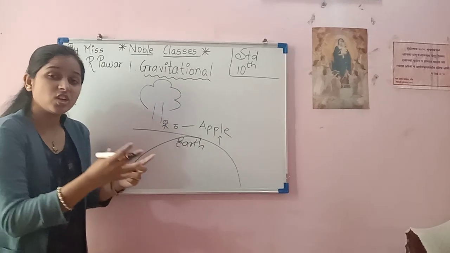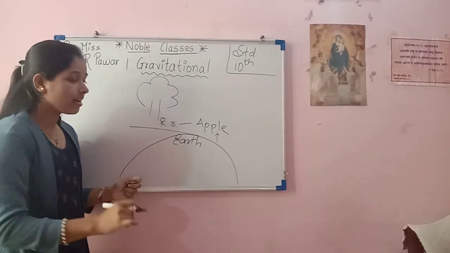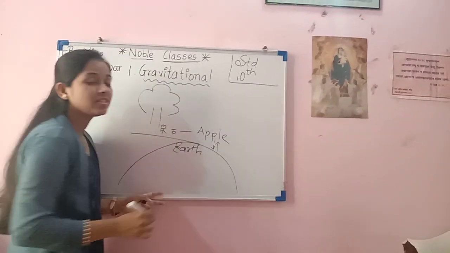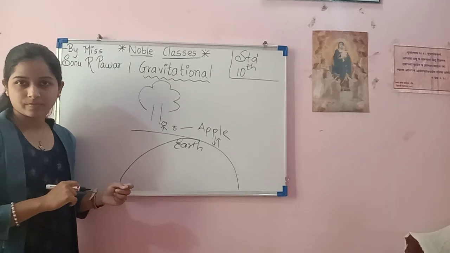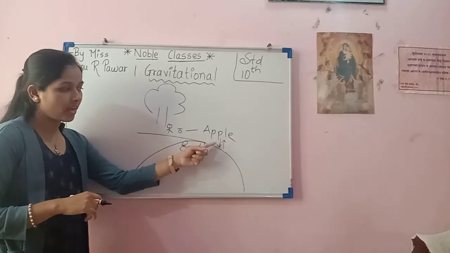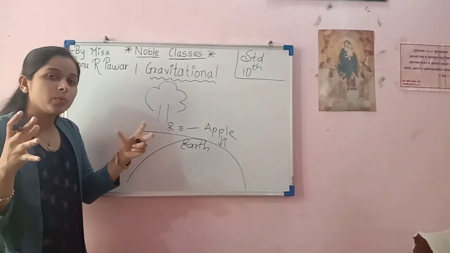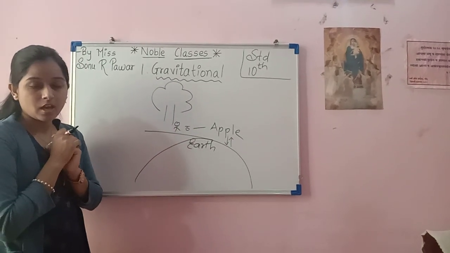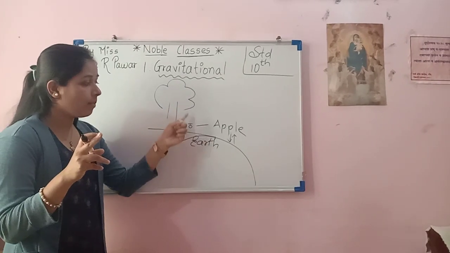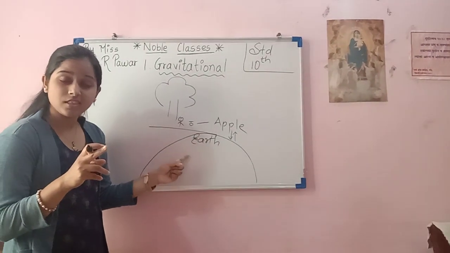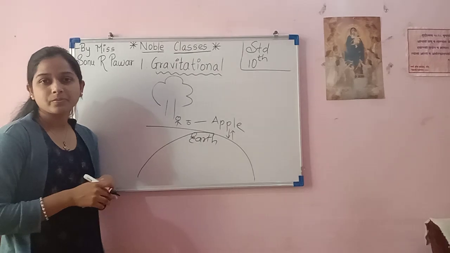apple or some force on the apple, in the similar manner, apple will also exert certain force on it. And in this case, both the objects will try to come closer to each other. But if you observe, apple falls on the earth, but the earth does not go towards the apple.